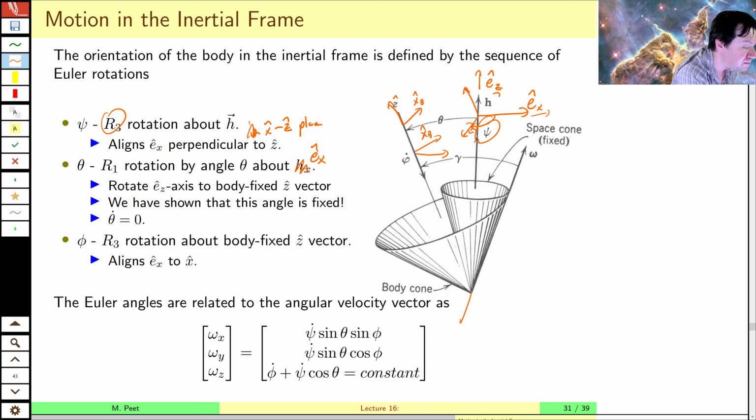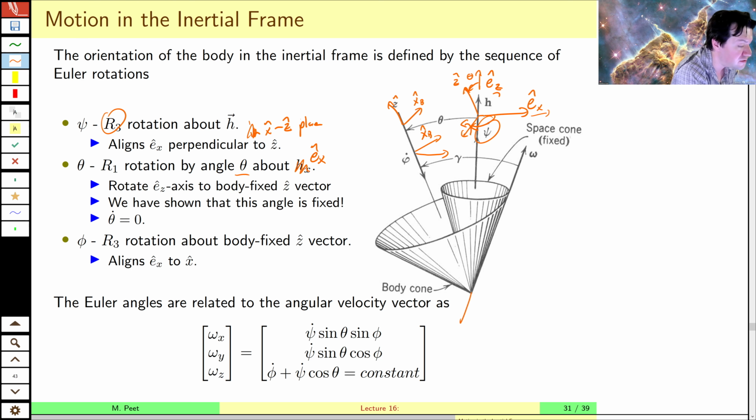Then we rotate about, and this is not a clockwise rotation, so I should go the other way, we rotate about the E hat x direction in the counterclockwise direction by an angle theta, which then aligns this E hat z direction with the z hat direction. Because we know that's a fixed angle theta, we know what that is.